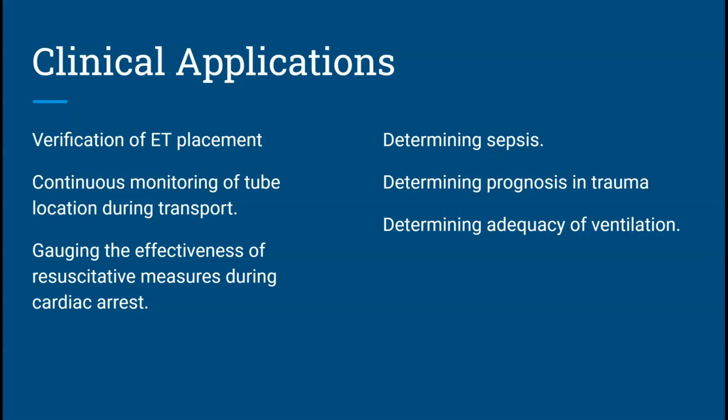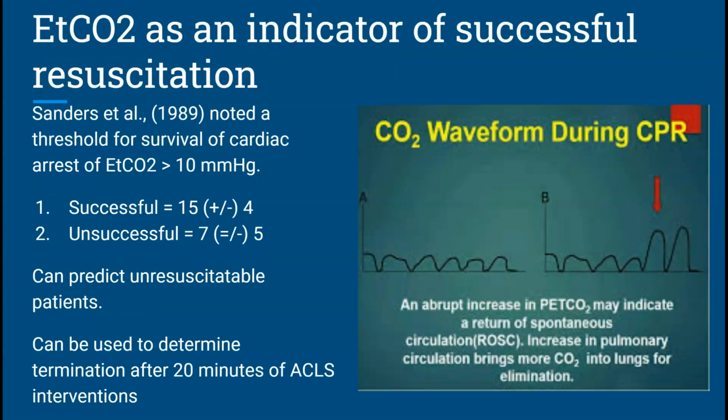If you have wild changes, you can determine a patient is septic if they have a very high end tidal, okay? Because you have bacteria that's also creating carbon dioxide in the body. And you can also determine how well you're ventilating the patient, right? If you are delivering an adequate amount of oxygen, etc.